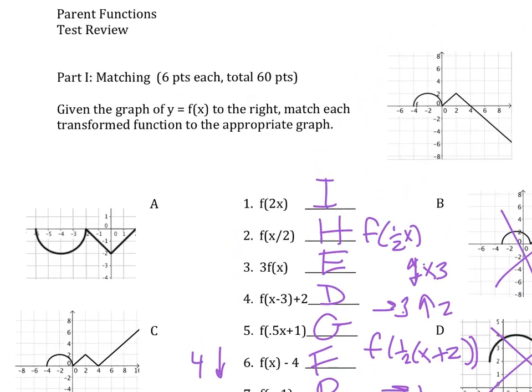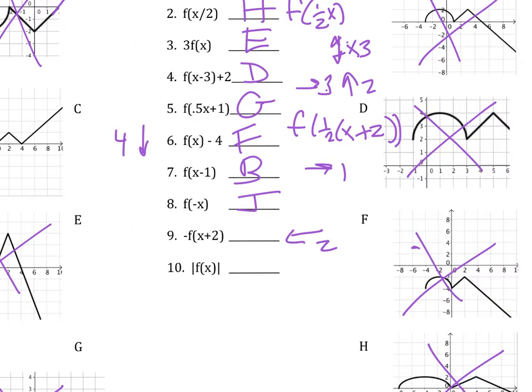This is a confusing one because it's A, which is shifted to the left, and it's upside down. The problem with A is that it's clipped off the rest of the function. But it is what we want for this one. A is the one.